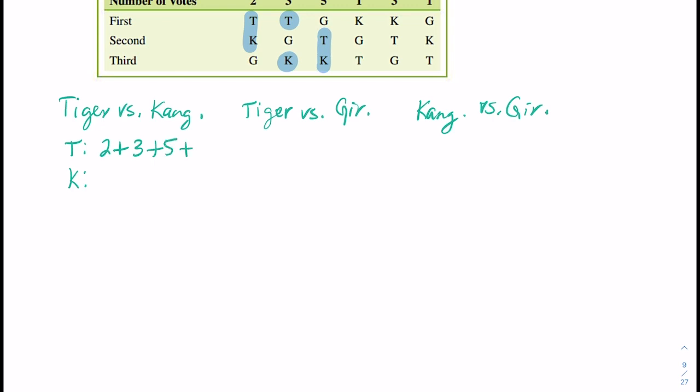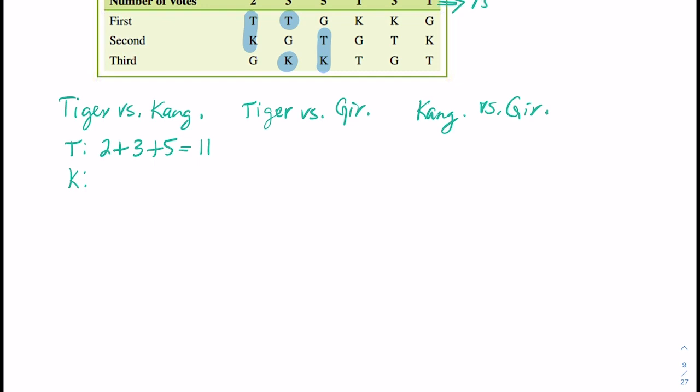And then here it's kangaroo and then tiger, so I don't have to worry about that. Kangaroo and tiger, kangaroo and tiger. So for tiger and kangaroo, I'm going to have 2 plus 3 plus 5, so that gives me 6 plus 5, or 11. An easy way to do this is we know that there's 15 votes total.